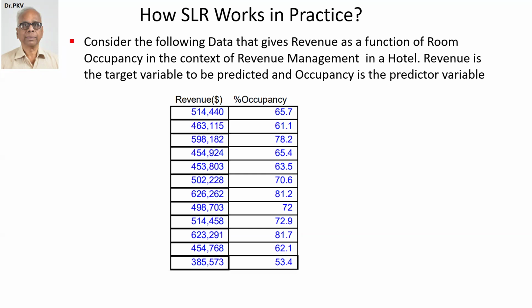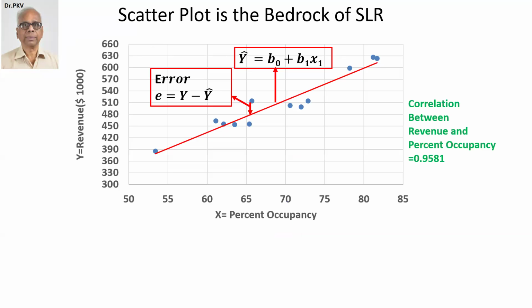Dear friends, in this video, we continue our journey of simple linear regression, how it works in practice from where we left last time. You would recall we did the scatter plot. As you can see, we have explained the role of scatter plot with reference to this example that we have chosen.